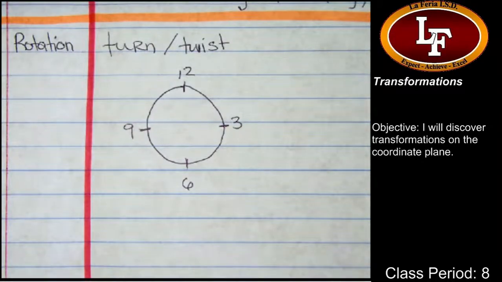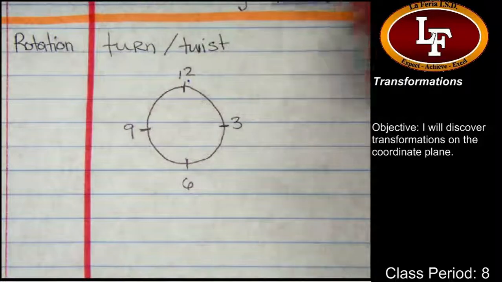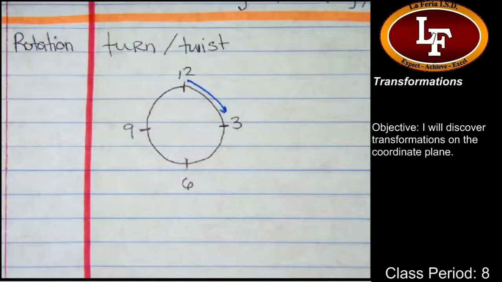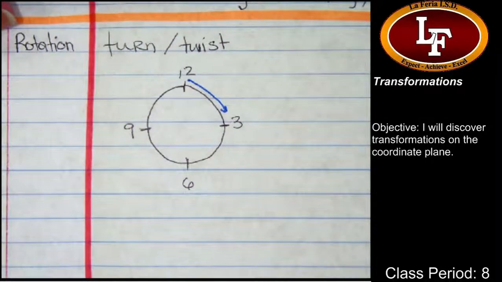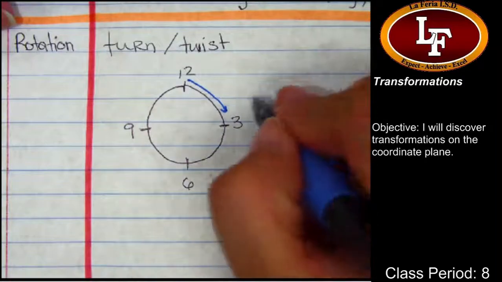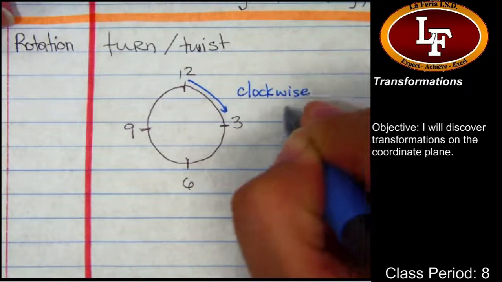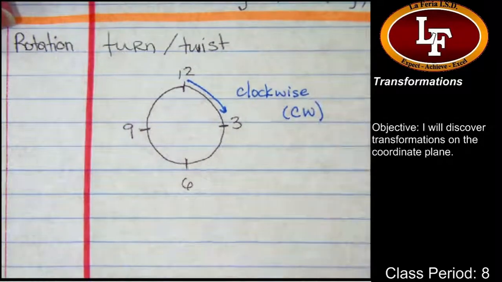When you start at the very top and walk toward the 3, the numbers are getting bigger: 12, 1, 2, 3, 4, 5, 6, 7. This is called clockwise, and we're going to abbreviate it in this class as CW.